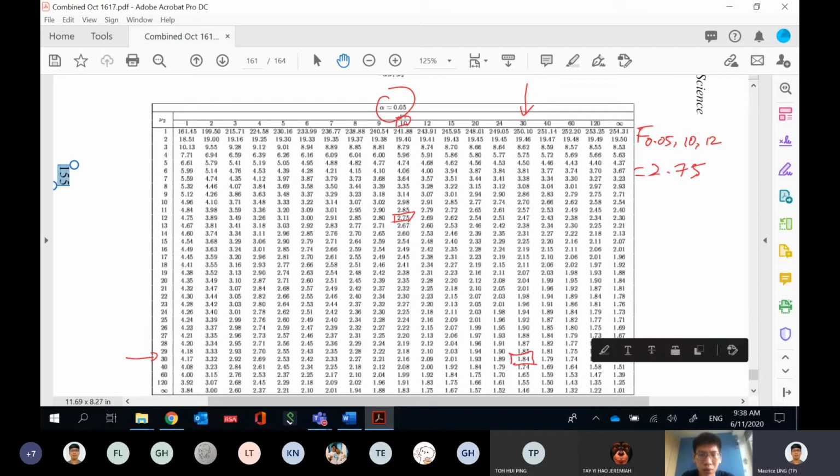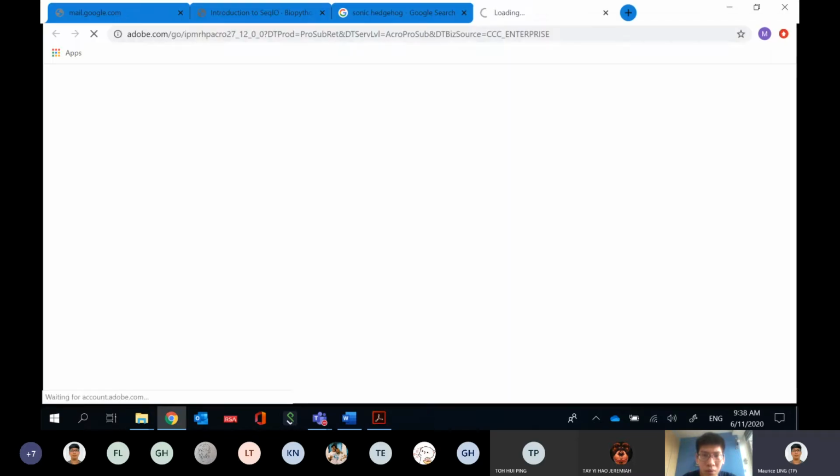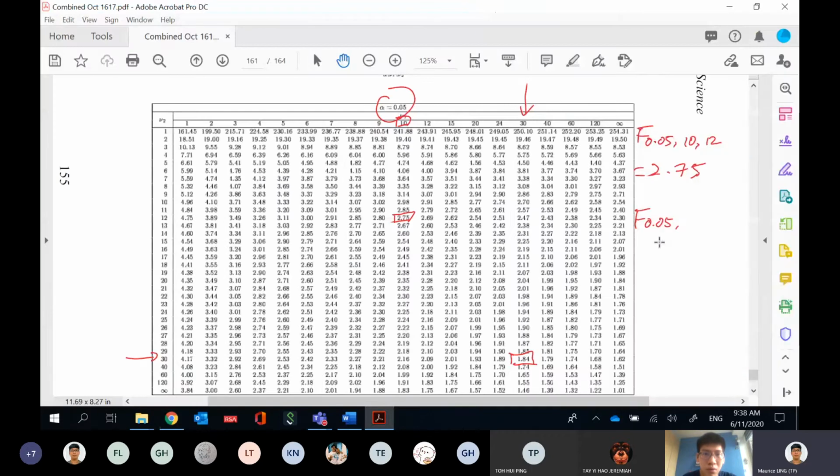If I swap these two degrees of freedom, what happens? I swap as 12 and 10. So now I go to 12 and 10. I get a different number, 2.91. So these two are different. In your F statistic, you have your sigma, let's say sigma A and sigma B.